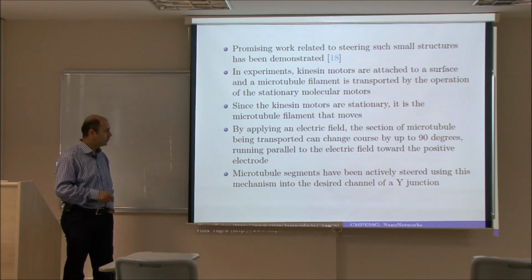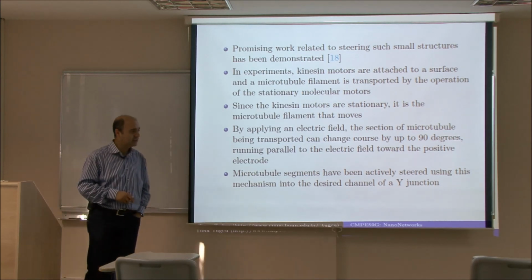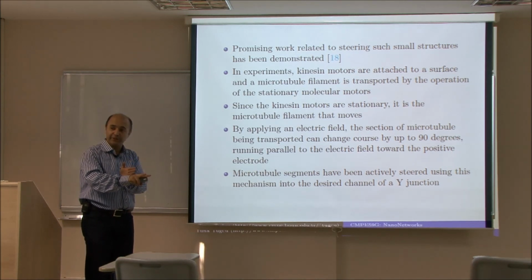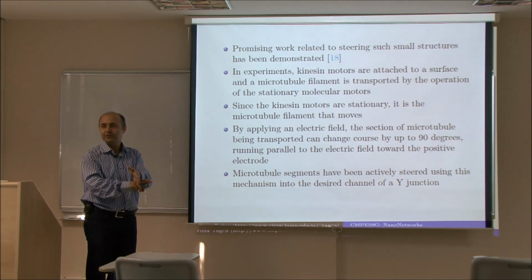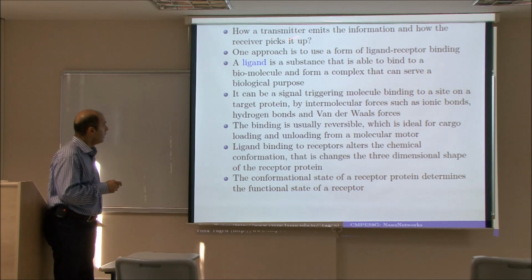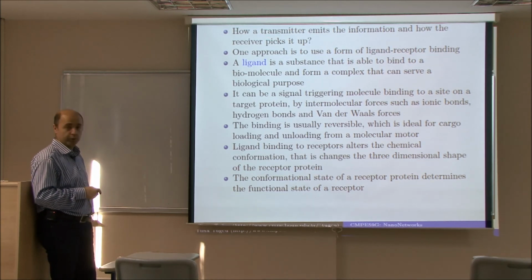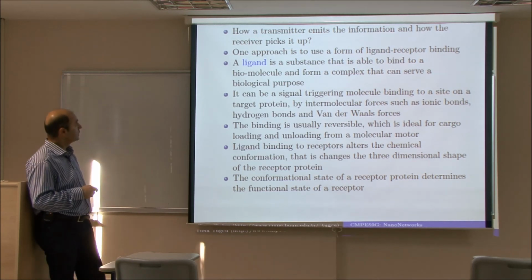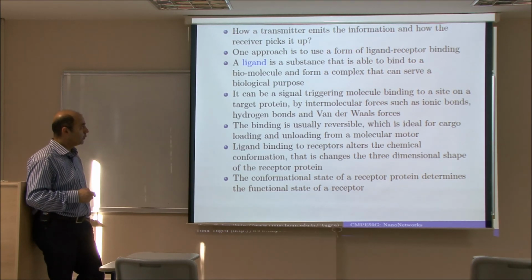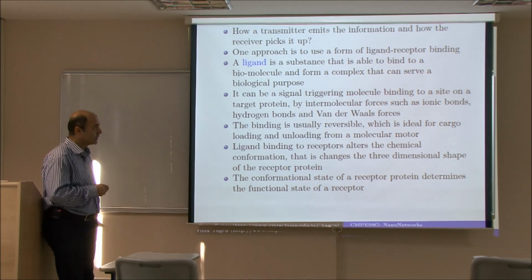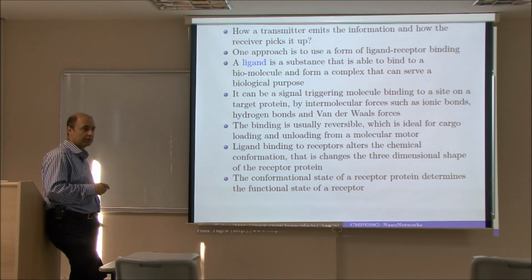How a transmitter emits the information and how the receiver picks it up is an important question. One approach is to use a form of ligand-receptor binding. A ligand is a substance that's able to bind to a biomolecule, and it forms a complex that can serve a biological purpose. So you can put the ligands, for example, at the cell membrane to attract and attach to the incoming molecules, messenger molecules, for example.